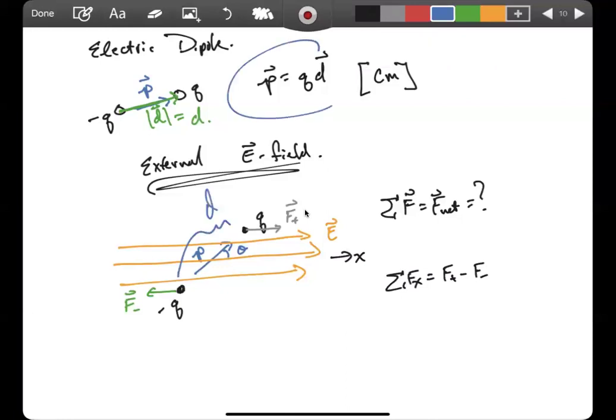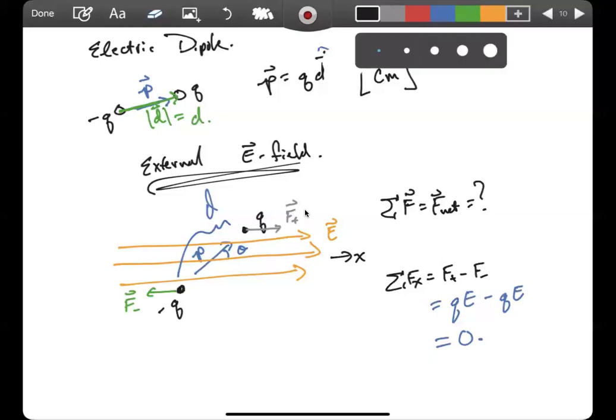We know this is going to be the same thing as the charge times the electric field, minus the magnitude of the charge, which is Q, times the electric field. But since the two charges are the same, the two electric fields are the same, so this thing feels no force. So what does this mean?